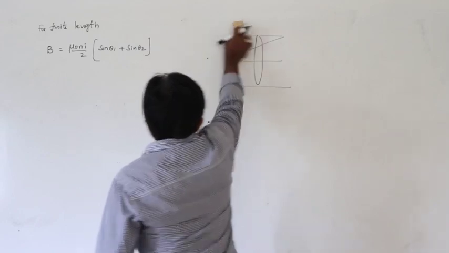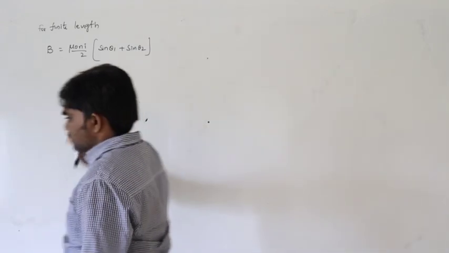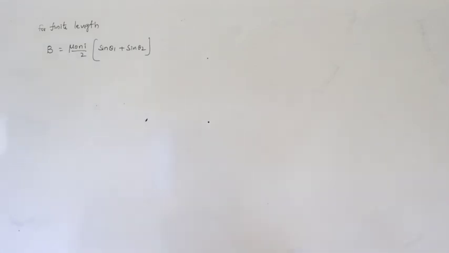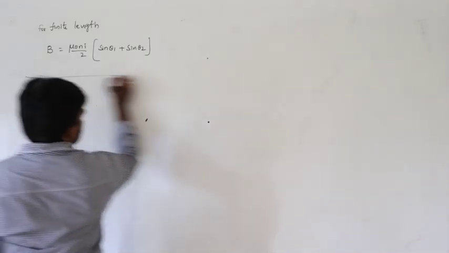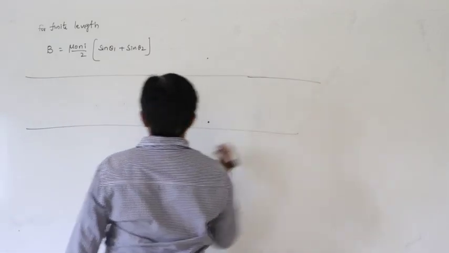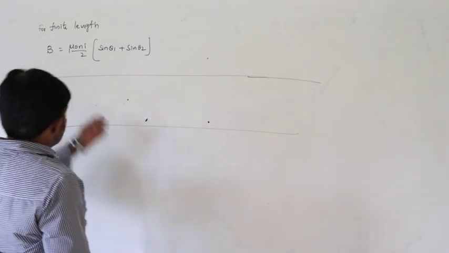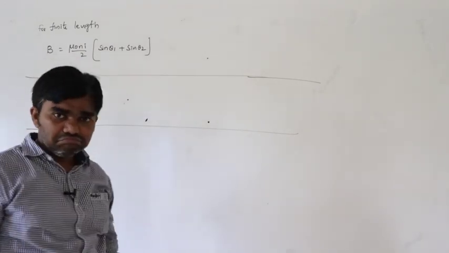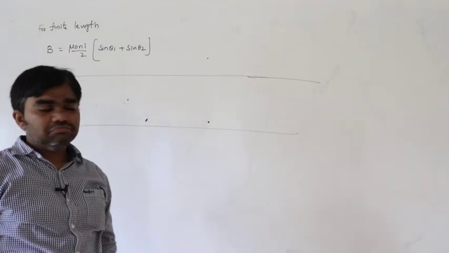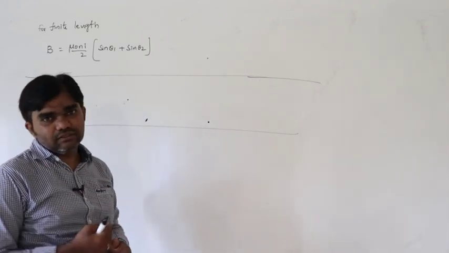Next, I am considering the infinite length of the solenoid. Infinite length means, see here, this is the infinite length of the solenoid. Let us say center. What is the angle at this extreme end? Just like the magnetic field due to a straight rod of infinite length.